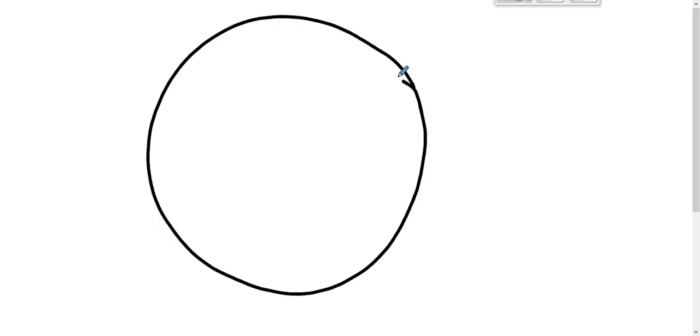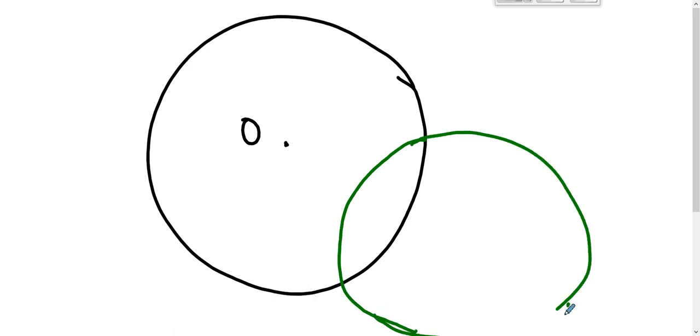Here's the curious thing. The curious thing is, if we have a circle that comes through in a special way. If this circle is orthogonal to our circle of inversion, if the tangents here are perpendicular and the tangents here are perpendicular.